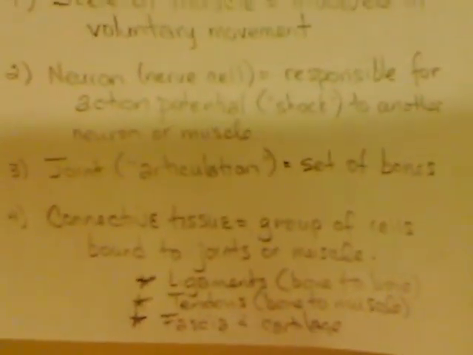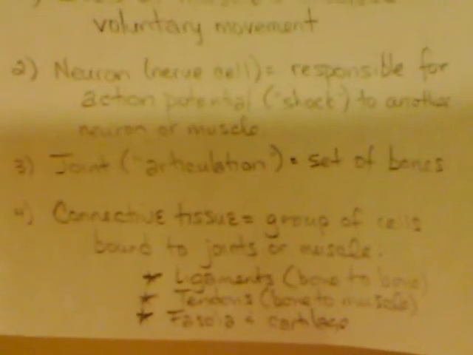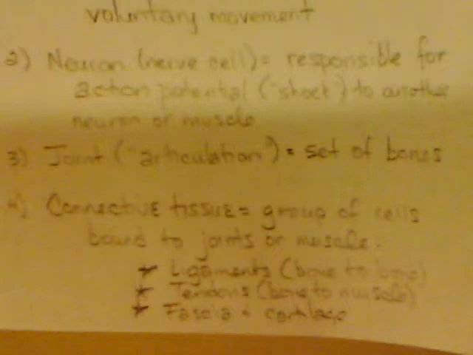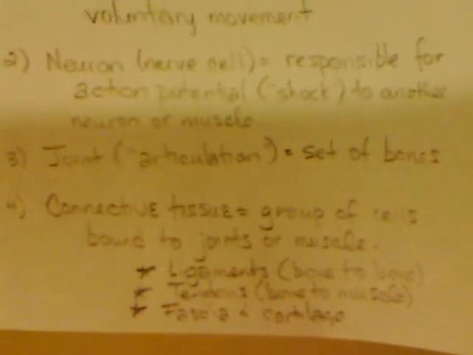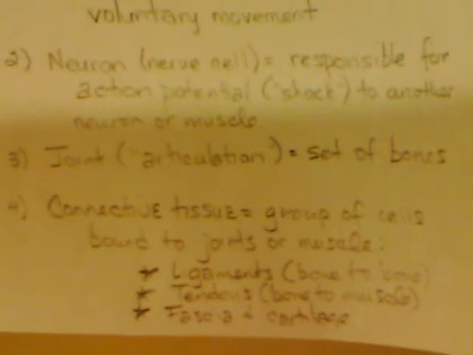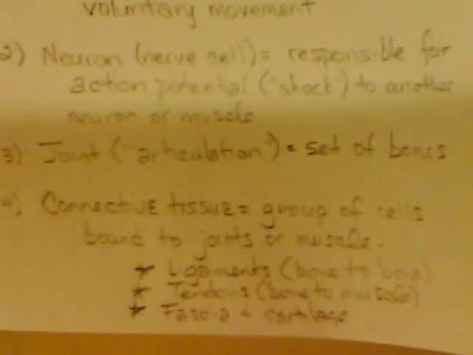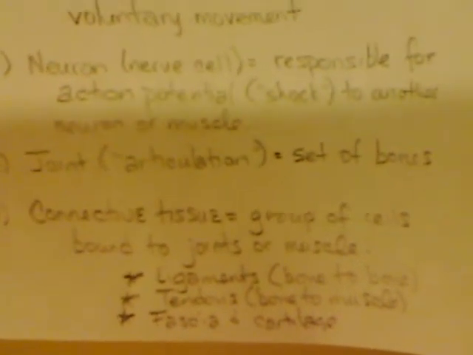Now, connective tissue involves really four different types, actually more than four. But we're going to talk about the four because they're related to human movement. To give you a definition, it has to do with a group of cells bound to joints or skeletal muscle. Now, the ones that are bound to joints are ligaments and tendons.